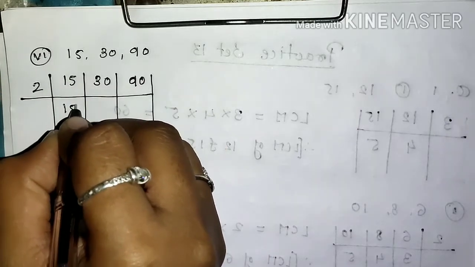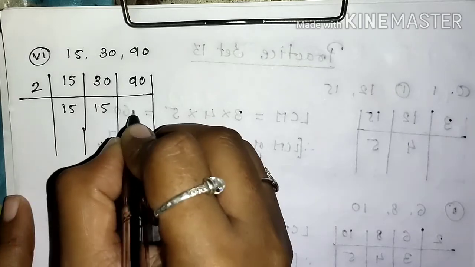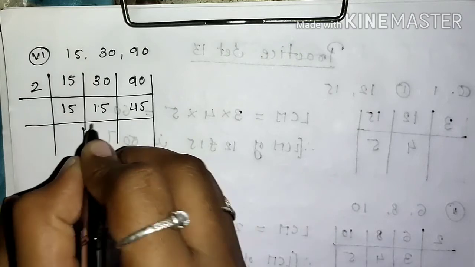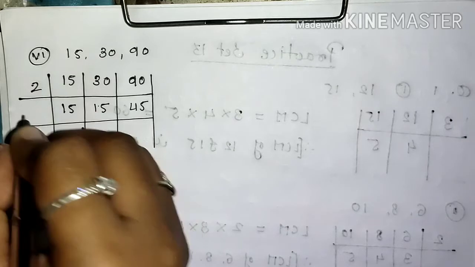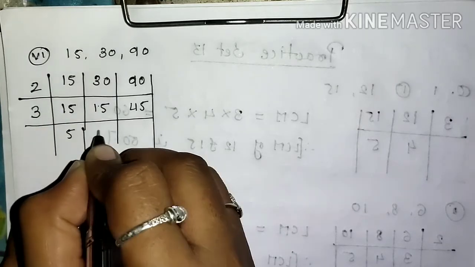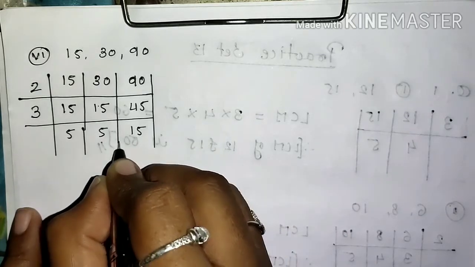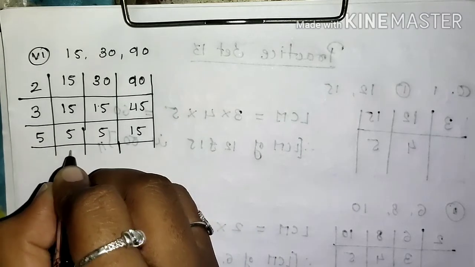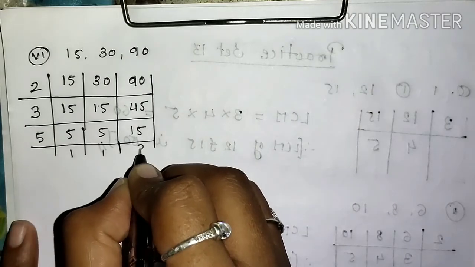15 will be as it is. Dividing 30, we get 15 and here we get 45. Now the numbers we got here, 15, 15 and 45, can be divided by 3. So here we get 5, here we get 5 and here we get 15. Now these three numbers can be divided by 5. So we get 5 ones are 5, again we get 1 and again we get 3.